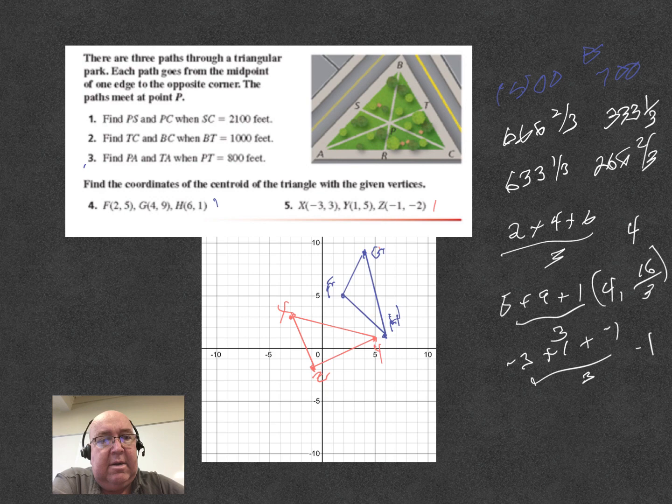And then we're going to have 3 plus 5 plus -2, which is going to be 6, divided by 3, so our centroid would be at -1 and 2 for that triangle.